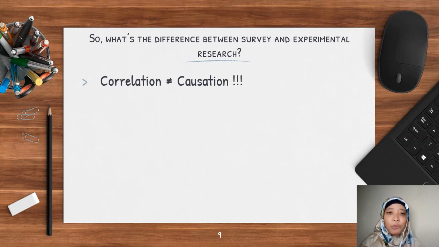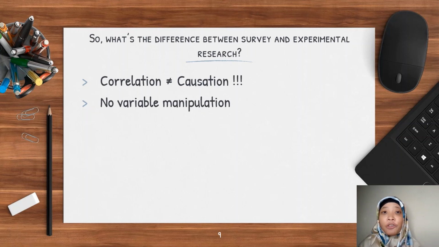The next one is that there's no variable manipulation in survey research. We're just measuring our independent variable and our dependent variable. And there are some survey research that actually only has one variable, for example, people's behavior during the pandemic. We just do the survey about their behaviors and that's all.